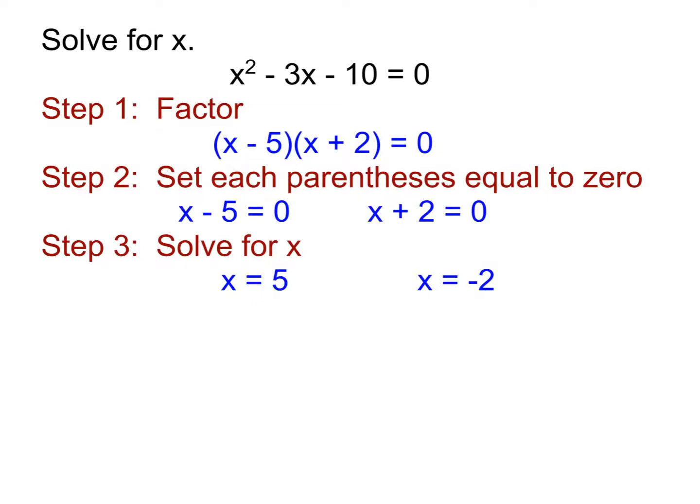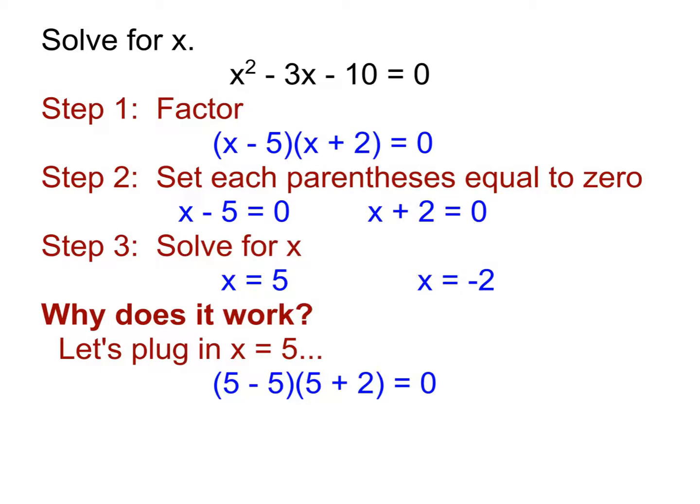Now, I did promise that I'd explain why it works the way it does here. So why does it work? If I plug in x equals 5 here to illustrate why, notice if x equals 5, that's one of my solutions. If I plug that back into my factored form here, I plug in 5 for both of the x's. 5 minus 5 gives me what? 0, which is a good thing, considering that's how I got the 5 in the first place, right?